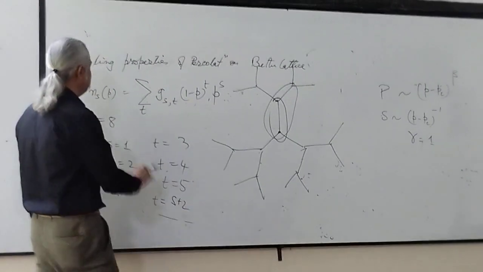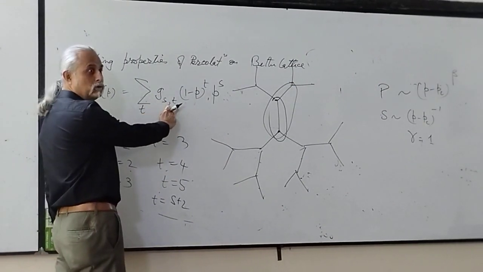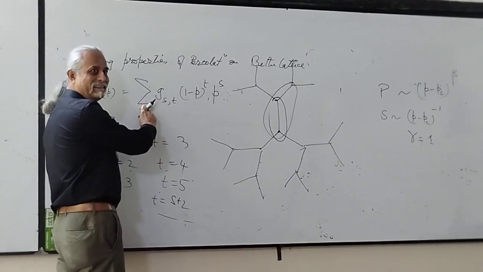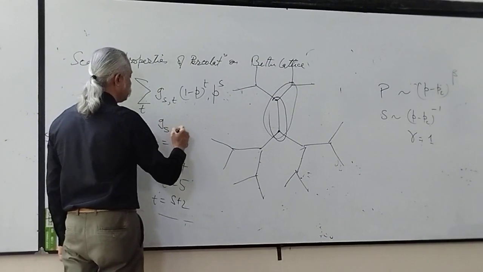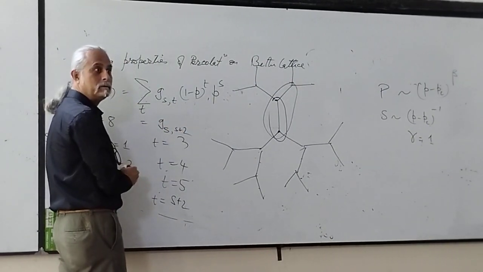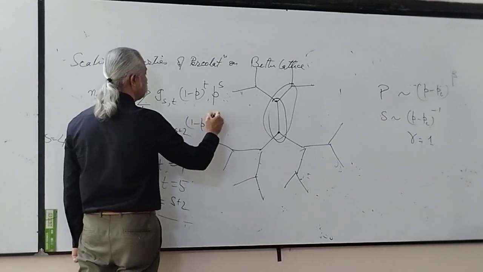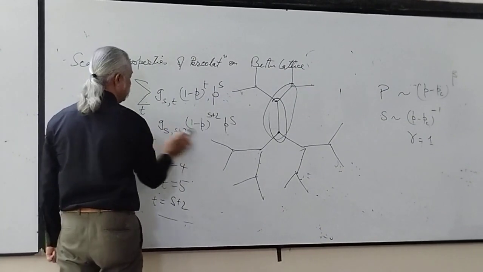And since he said t equal to s plus 2 and unique, there is no sum. So basically it is g_s plus 2, 1 minus p to the power s plus 2, p to the power s is my n_s.